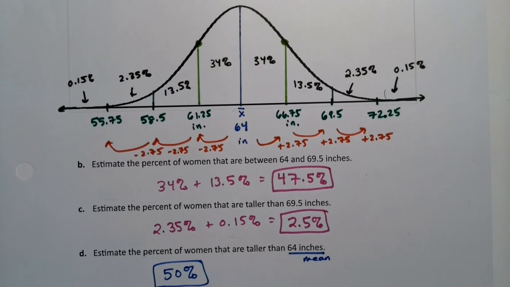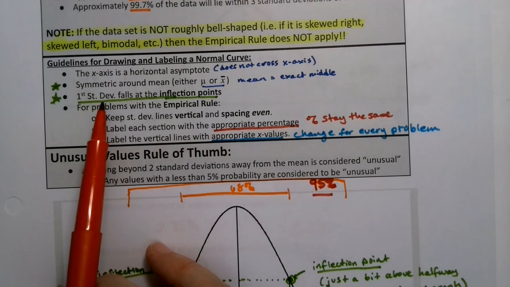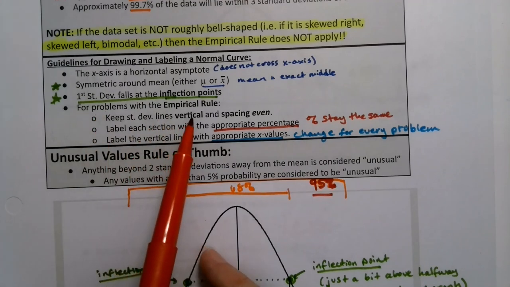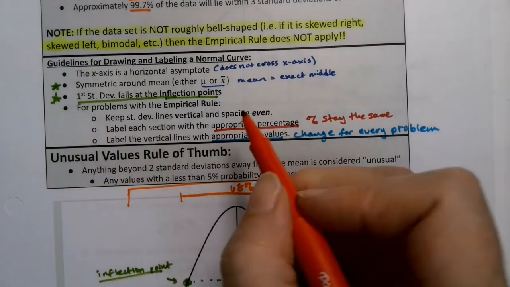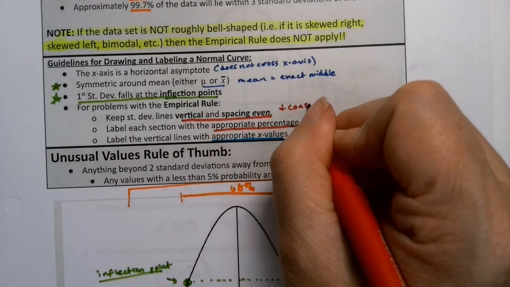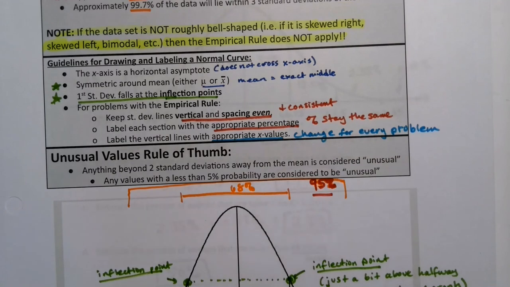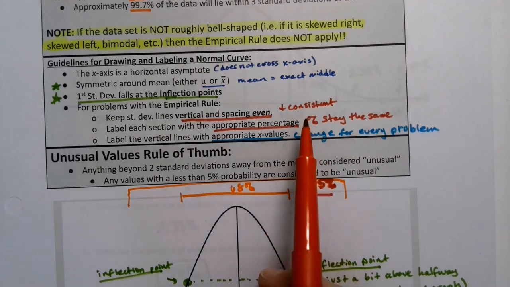Make sure you keep your spacing even. Make sure your inflection points are where your first standard deviation falls. Make sure all your lines are vertical and your spacing is even and consistent. Every single group should be the exact same width. The percentages always stay the same.